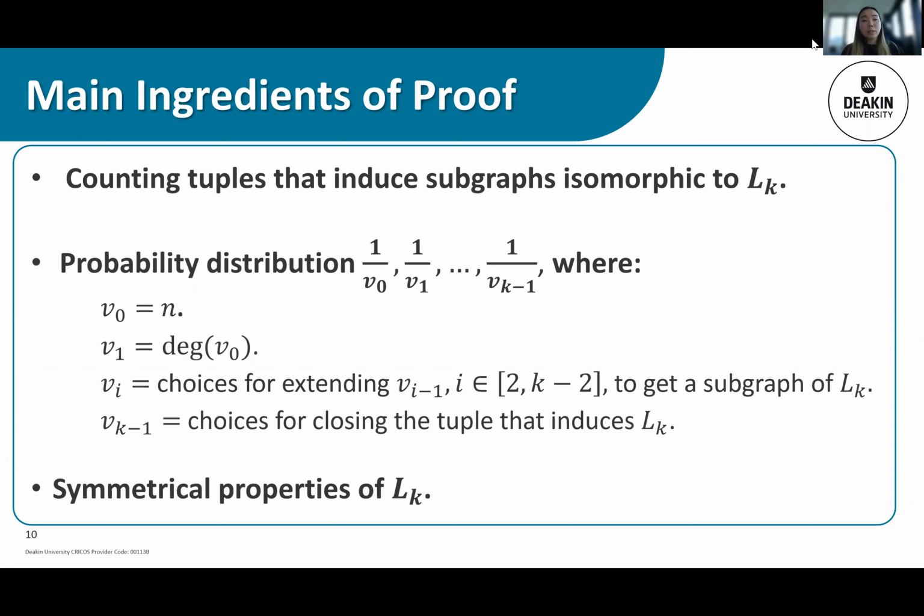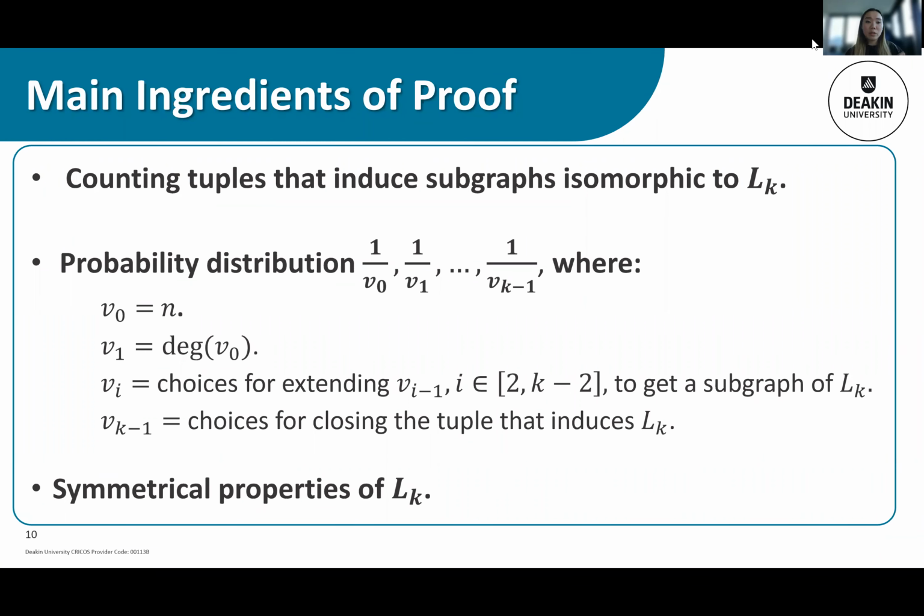All right, so the main ingredient of this proof involves counting tuples that induce subgraphs that are isomorphic to L_k, which is our double loop graph. If a k-tuple induces a double loop graph, we call this tuple a good tuple.